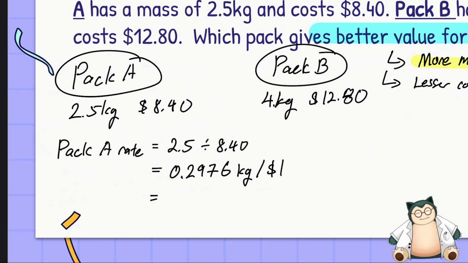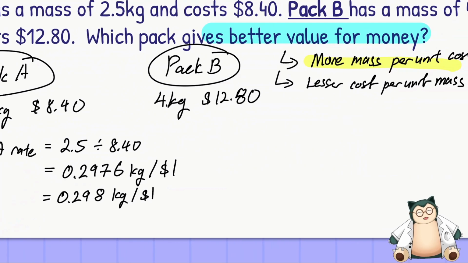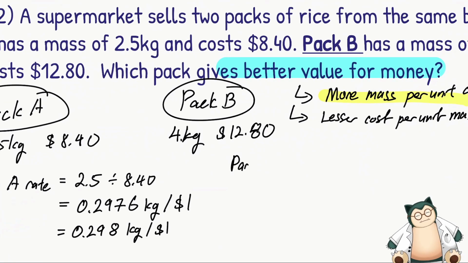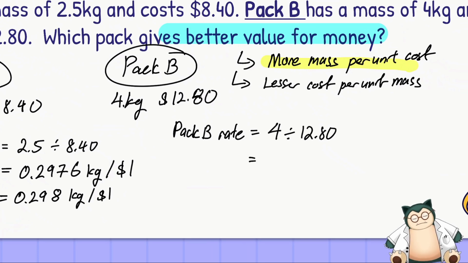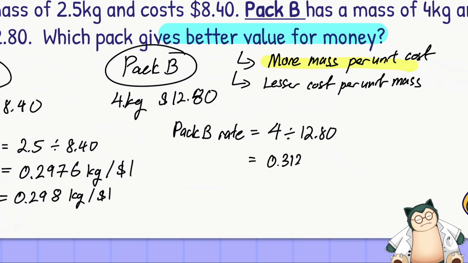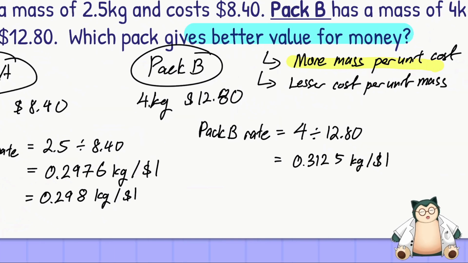I can round off to 3SF, 0.298 kg per $1. And then for pack B's rate, I take 4 kg divided by 12.80, which gives us 0.3125 kg per $1, and in this case it is the exact answer.